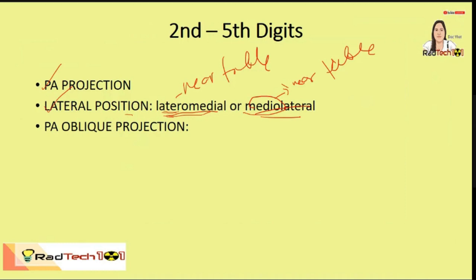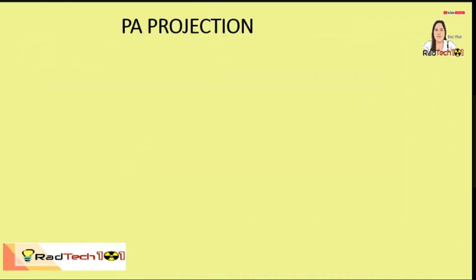Okay? And also, we have the PA oblique projection. So, let us discuss first the PA projection. PA meaning postero-anterior projection. To recap, your projection is the direction of your central ray, or the path of the X-ray beam.